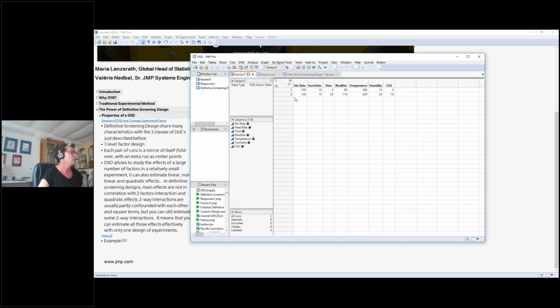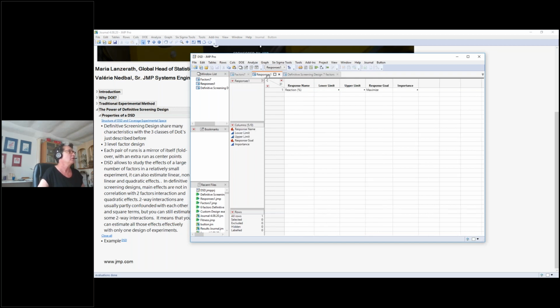We now want to vary all those different factors at the same time in each of those runs. Of course you have an objective, which is the output factor or the response. Let's imagine that our objective is a type of reaction that we want to maximize.